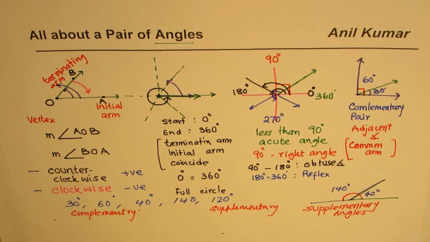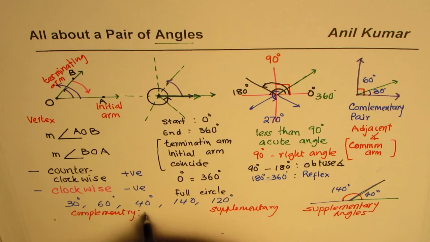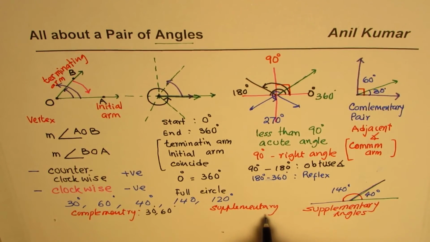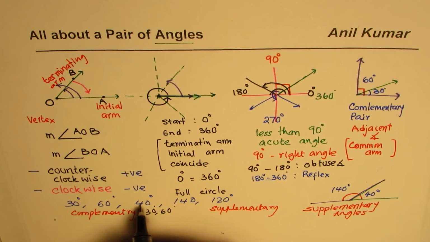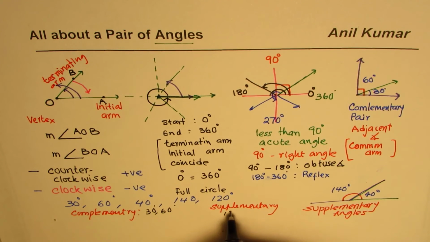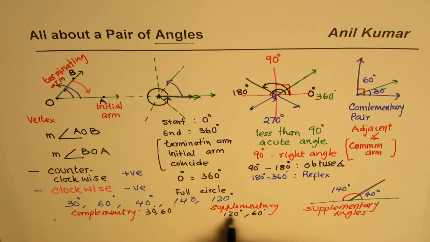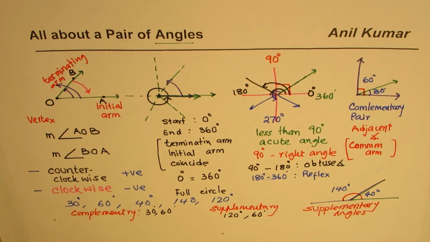You can write it down. As you can see, 60 plus 30 is complementary, so I could write this as one set: 30 degrees and 60 degrees. As far as supplementary is concerned, we have taken 40 and 140, but you could also use 120 degrees and 60 degrees. When you combine them, you get 180 degrees, right? So these are supplementary angles.